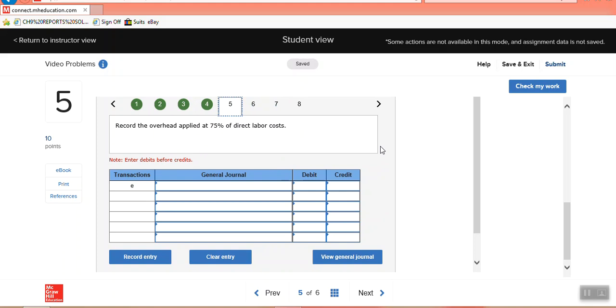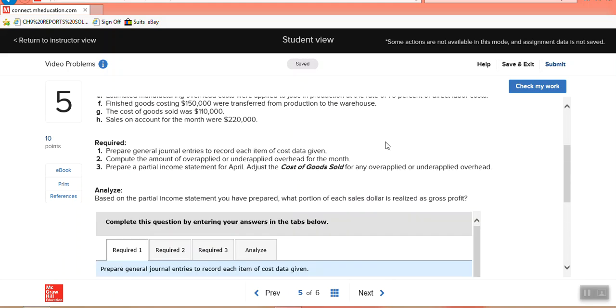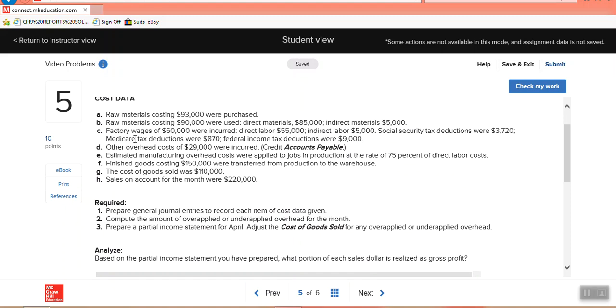Five says record the overhead applied at 75% of direct labor cost. All right, so our direct labor cost was $55,000.